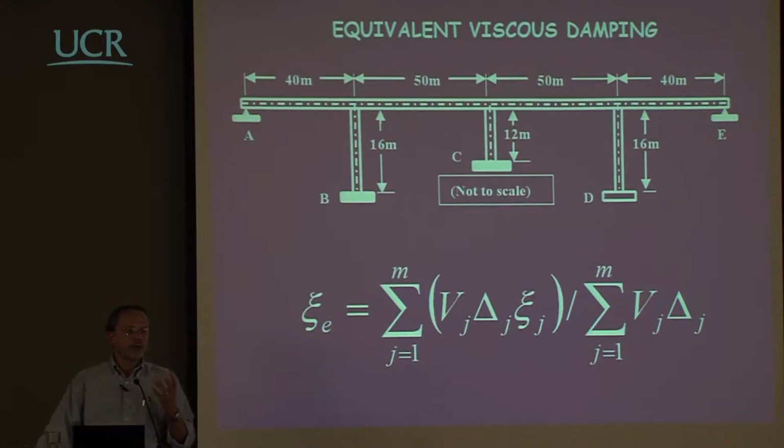In physical terms, if there is a single pier which is taking most of the shear, then the damping associated to that pier is dominating the response with respect to the other piers. And if in a pier there is one of the systems which is taking most of the displacement, then that element is dominating in the evaluation of the global damping of that pier.